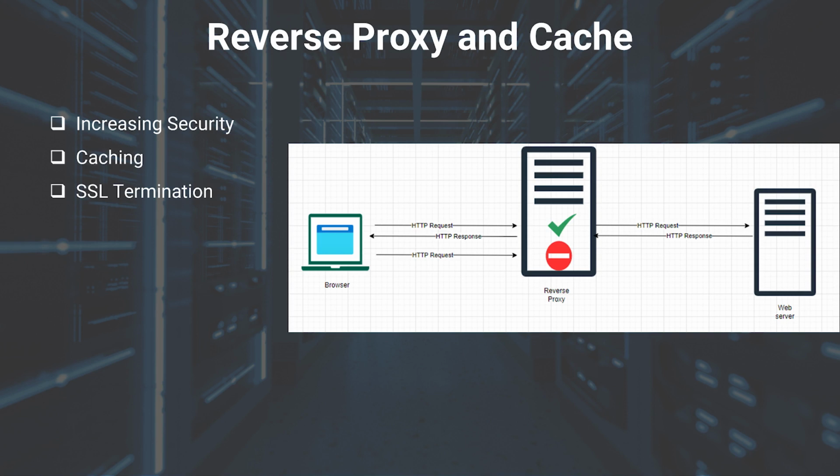By using SSL termination, you can decrease the load on the actual web server by offloading SSL connections to the reverse proxy server. Since the connection between the reverse proxy and the actual server is an internal connection, you may not need to encrypt the traffic there. We will talk about these features in detail in the dedicated section.